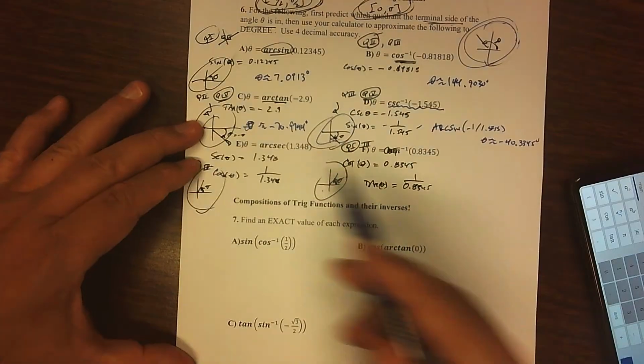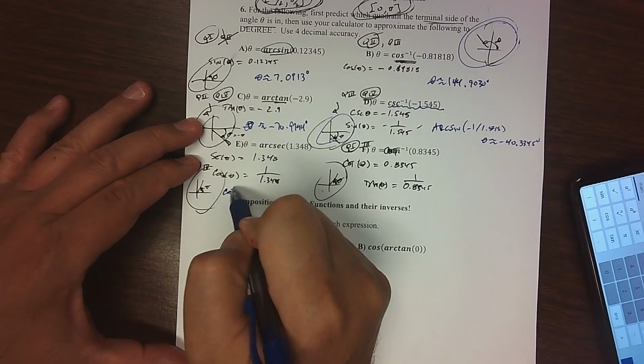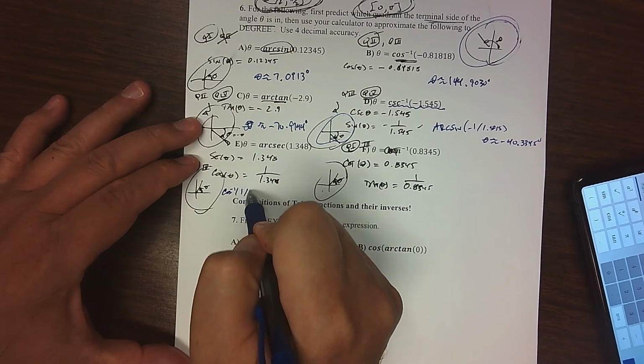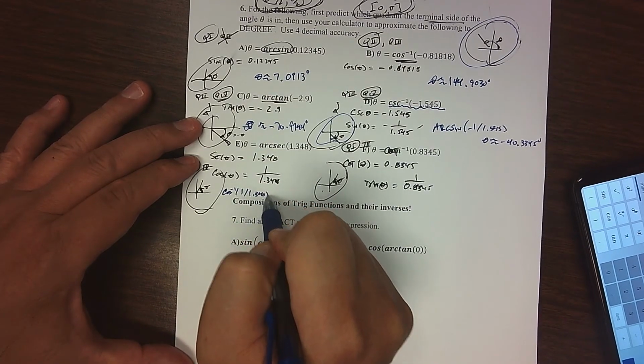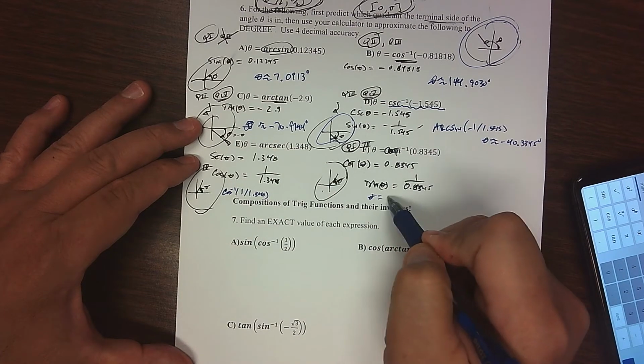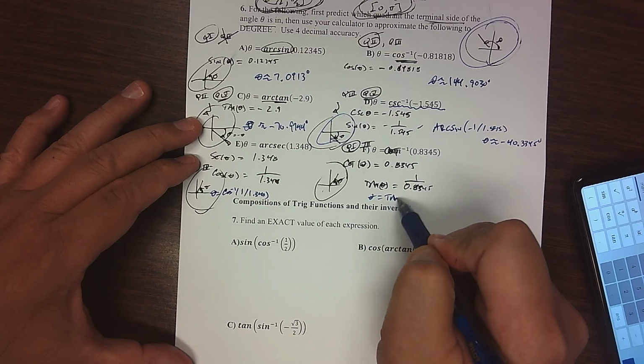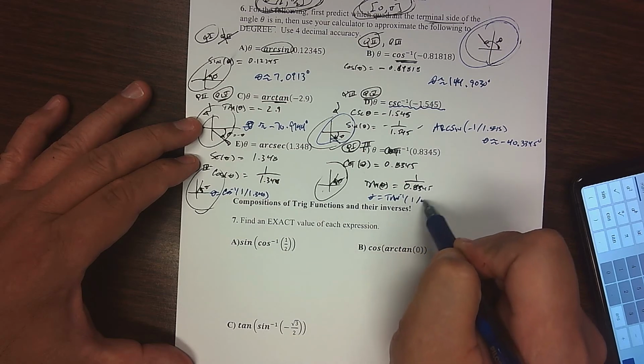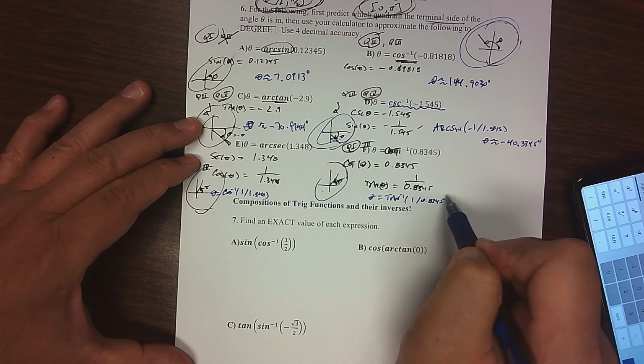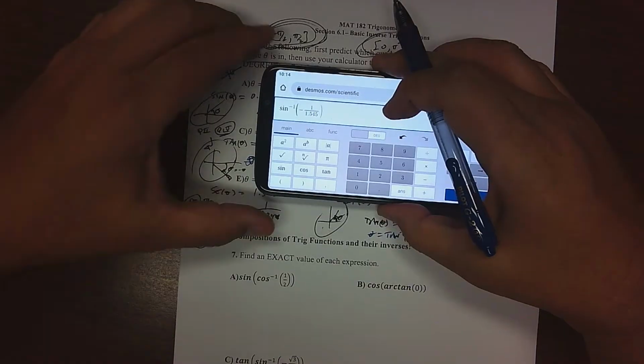Here, to finish this one off, I would do the inverse cosine of 1 over 1.348, and theta for the last one would be the inverse tangent of 1 over 0.8345. That's how I would finish those off.